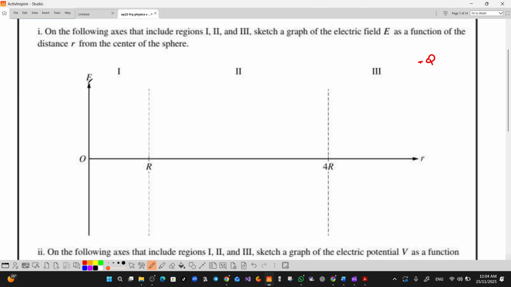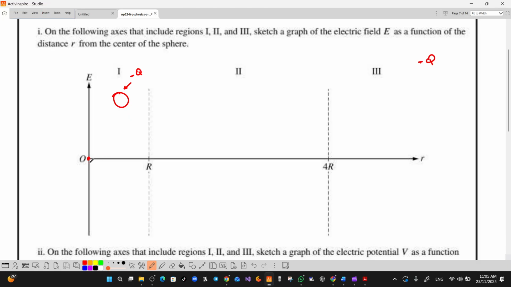Here in this graph, we need to plot the electric field with respect to the distance, and we have certain distances that we need to pay attention to. The first distance is from 0 to R. This includes only the insulator sphere, and the insulator sphere carries a charge of minus Q.